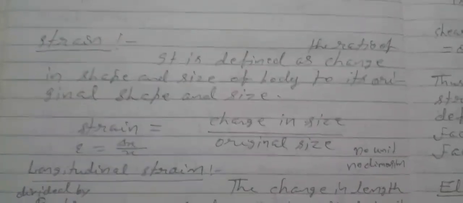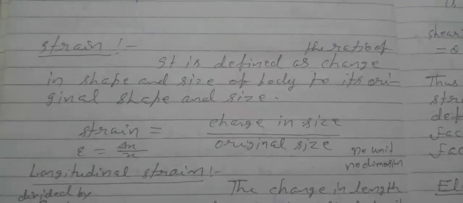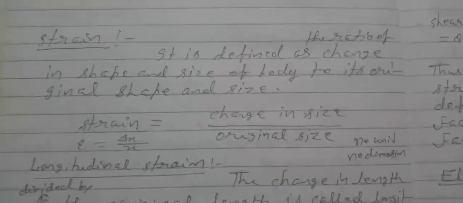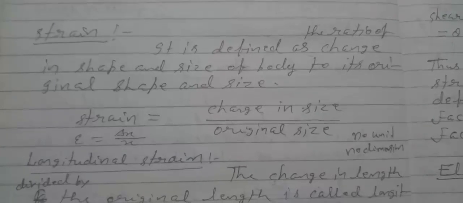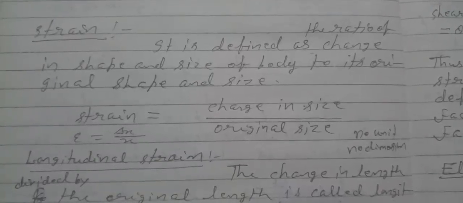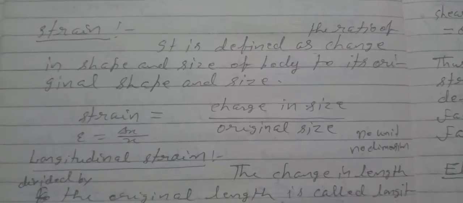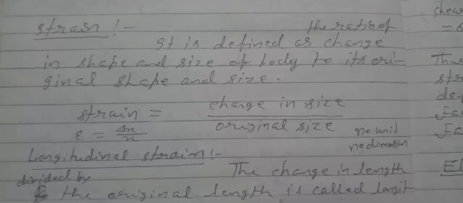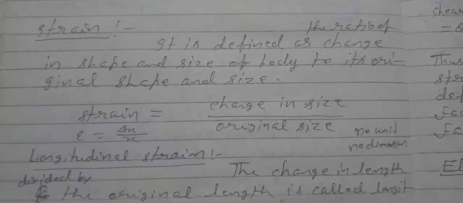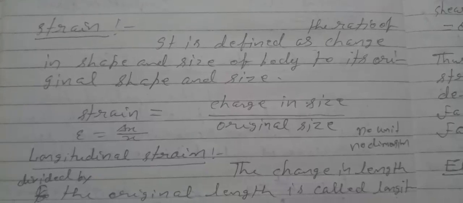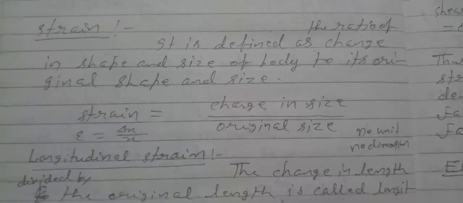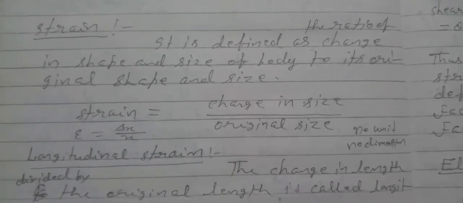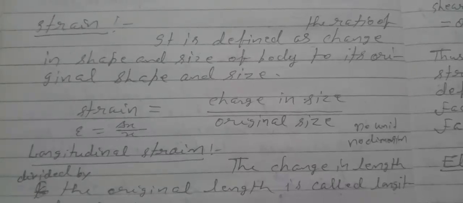Now our another topic is strain. It is defined as the ratio of change in shape and size of body to its original shape and size. Strain equals change in size by original size, or e equals delta x by x. Strain has no unit and no dimension.